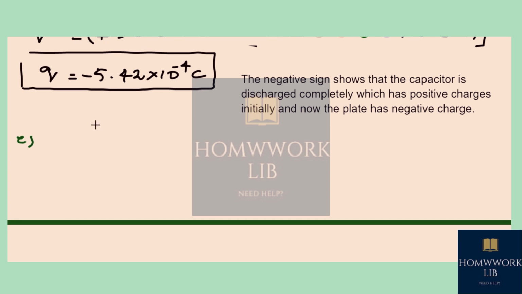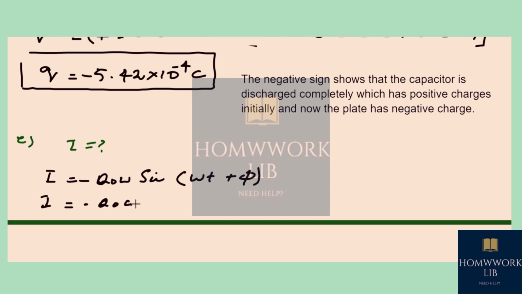In part E of this problem, we are going to calculate the current in the inductor at the given instant of time, that is I. We can write the equation for this current as I equals minus Q naught omega sine of omega t plus phi. We know that phi is 0 at t equals 0, so I equals minus Q naught omega sine omega t.